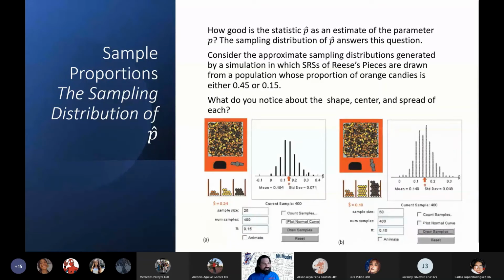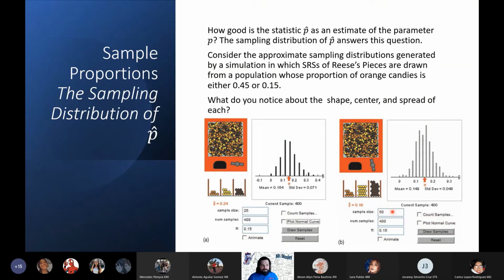If we go to the 0.15 distribution, we still get two distributions that are relatively close. Now these are a population with 0.15 orange Reese's Pieces, and we still have the center of our distributions pretty close to the actual proportion.